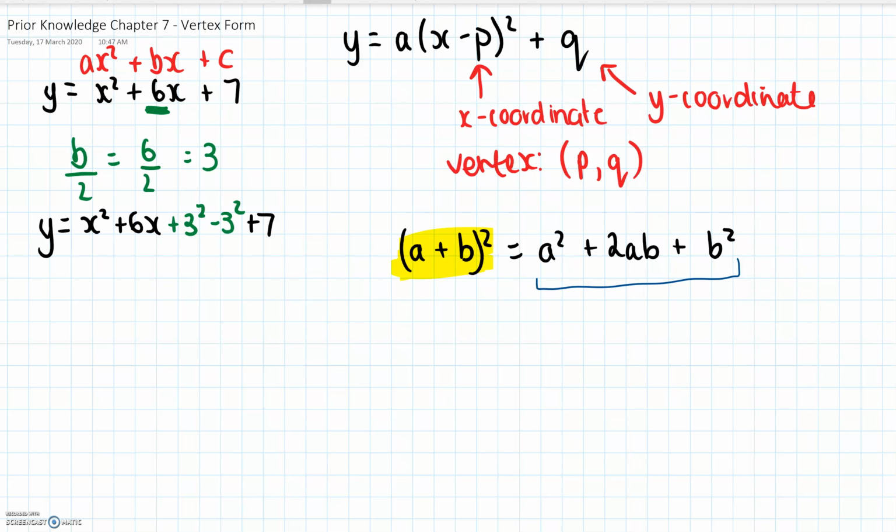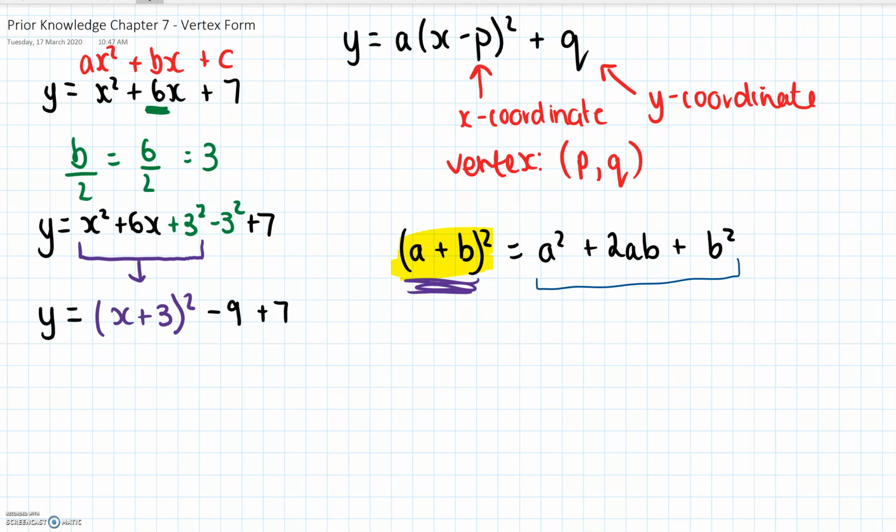Once we've done that, we now know that this part of our parabola here can be written in this (a plus b) squared form, because we have an a squared, we have a 2ab, and we have a b squared there. So instead of writing x squared plus 6x plus 3 squared, we can now write this as (x plus 3) squared. So now we have y equals (x plus 3) squared minus 9 plus 7.